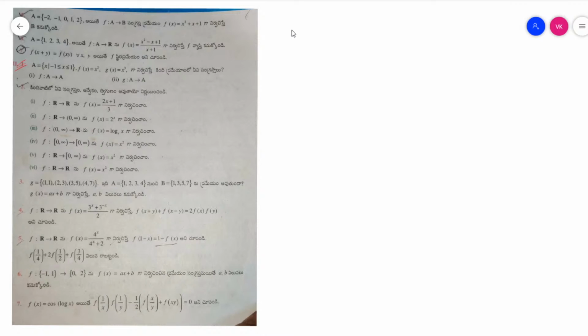The first question: A is the set of x such that x lies between -1 and +1. Then f of x is equal to x square and g of x is equal to x cube.